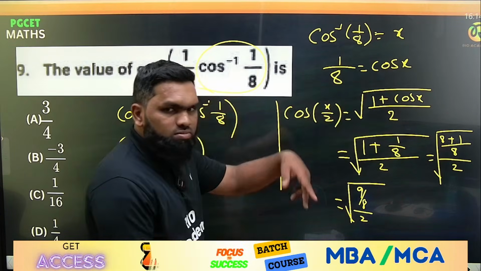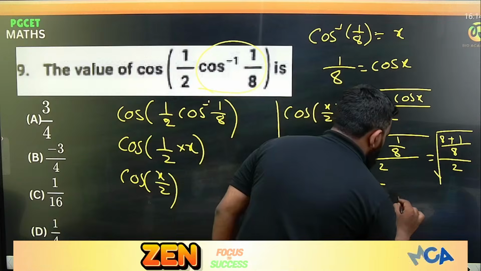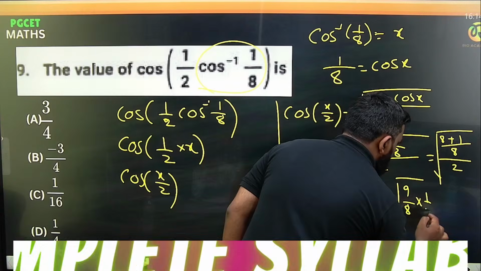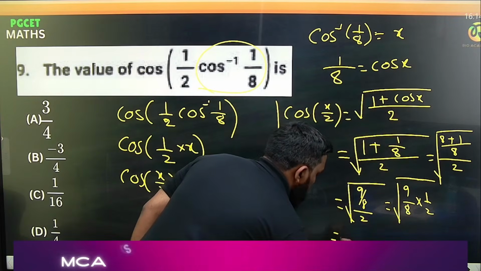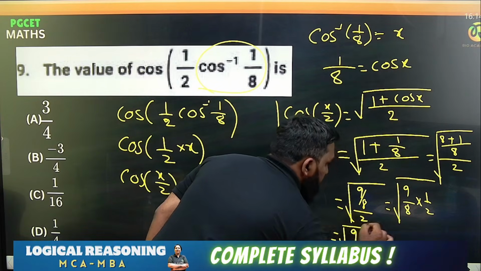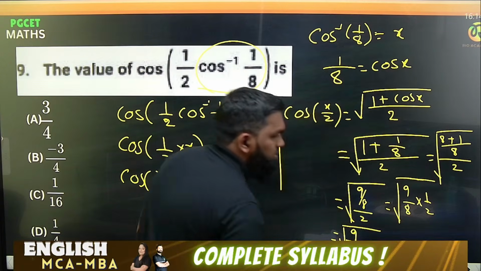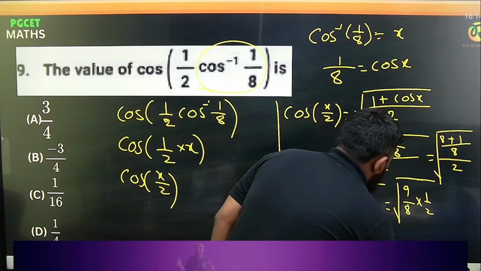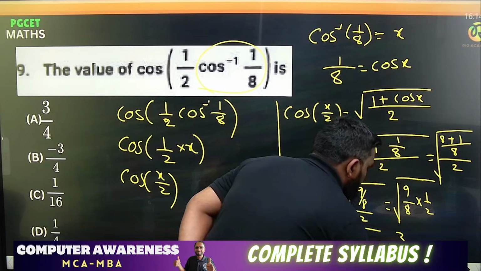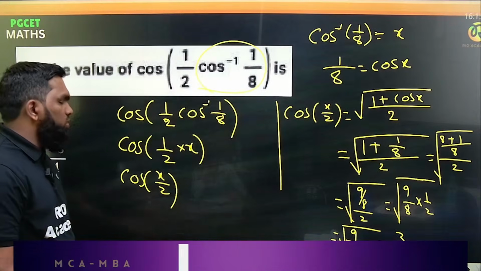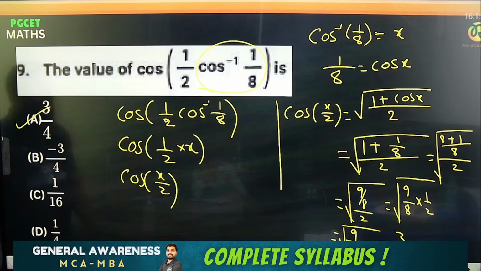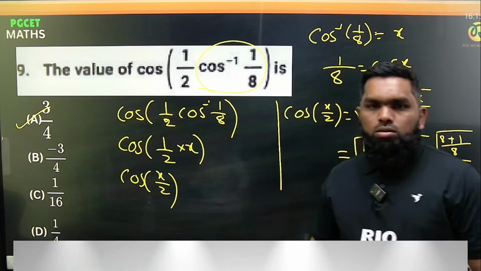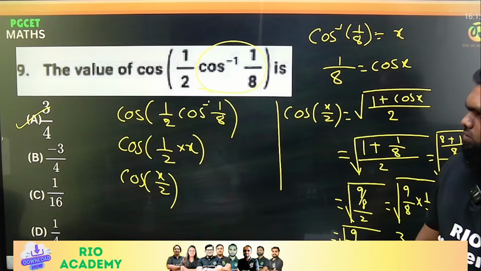The denominator becomes numerator, so root of 9 by 8 into 1 by 2. 9 ones are 9, 8 twos are 16. So the value is the square root of 9 by 16, which is 3 by 4.